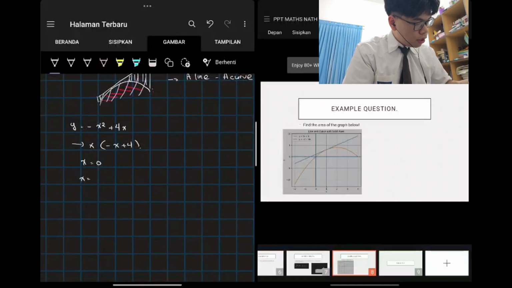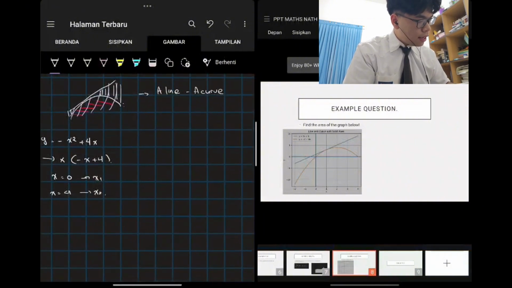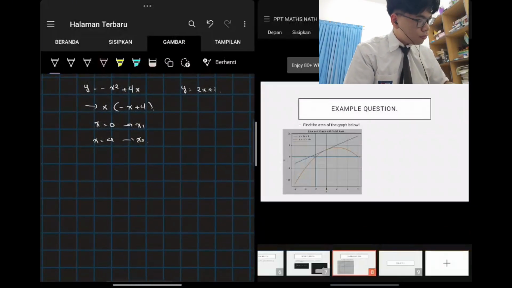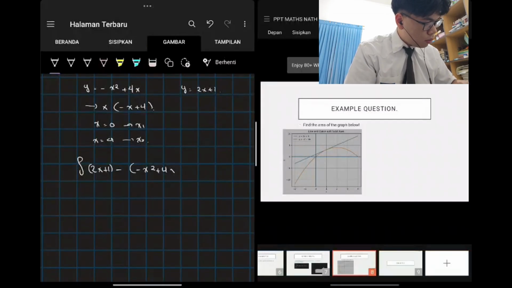So x equals 0 and x equals 4. This is x1 and this is x2. As for the line equation, it is y equals x plus 1. So we do the integration of x plus 1 minus (minus x squared plus 4x) dx.